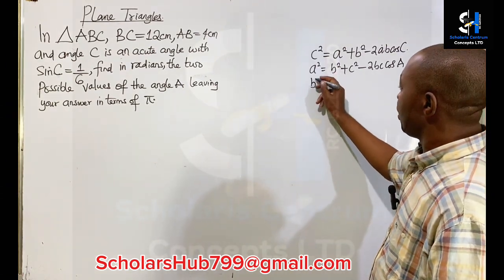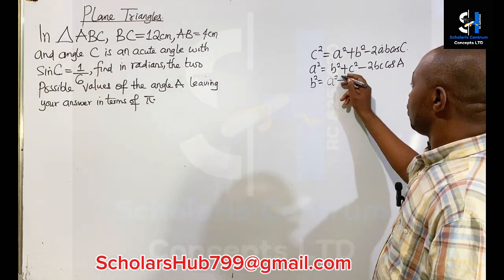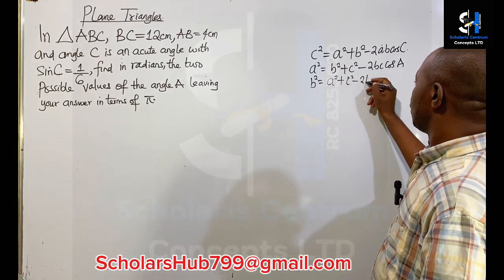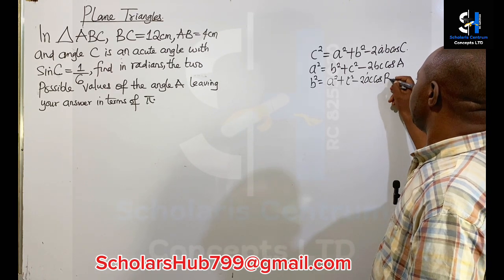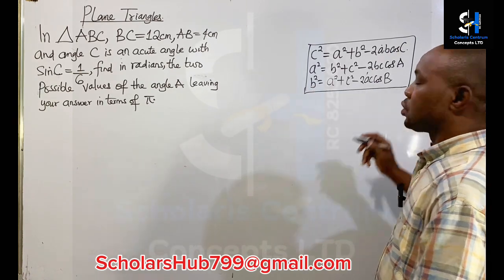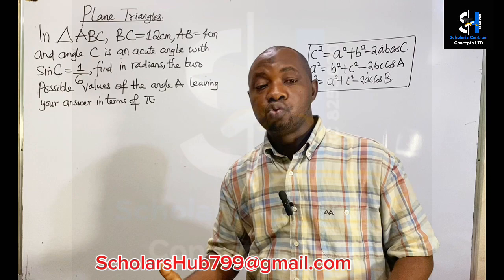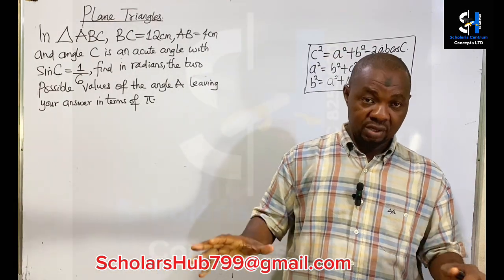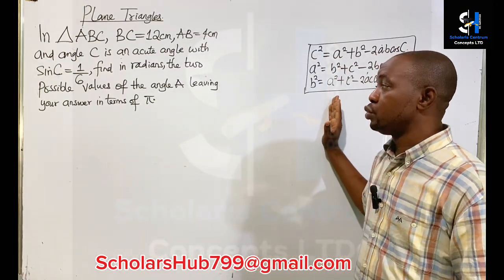When we have the square of side b isolated, then b squared equals a squared plus c squared minus 2ac cos B. So this is the cosine rule, and to apply it, remember, we use it when we are given three sides and no angle is given in a triangle.